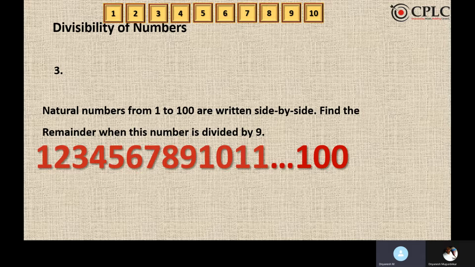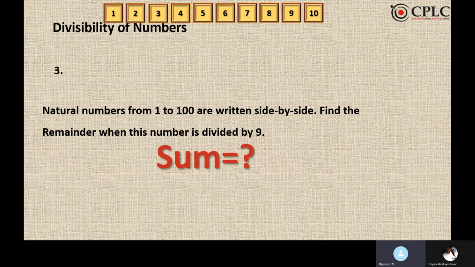From 0 to 99, every digit is repeated 20 times. So just add 1 to 9. The sum of 1 to 9 is 45, and that is going to be repeated 20 times. So 45 into 20 is 900.